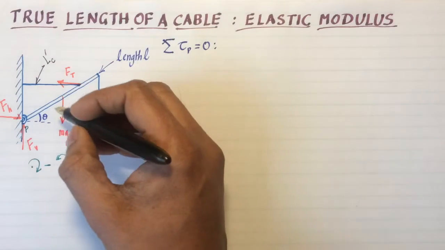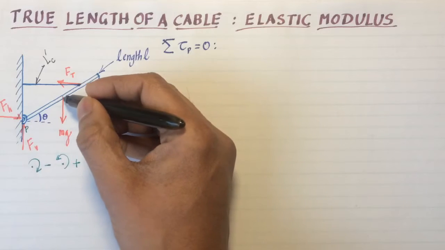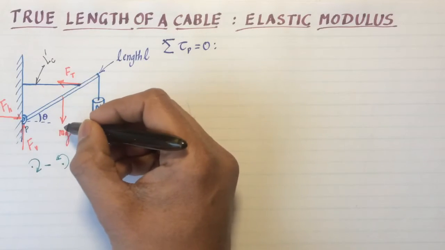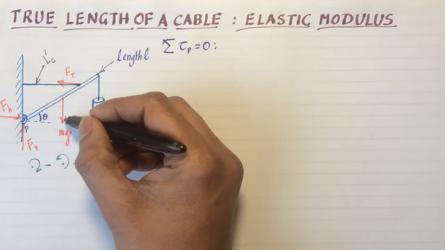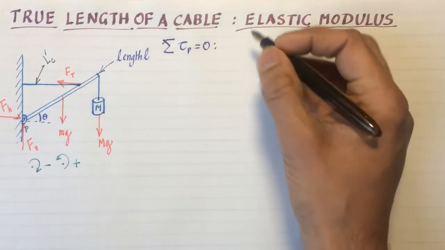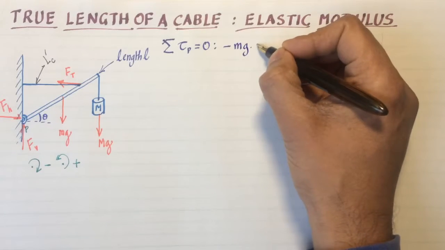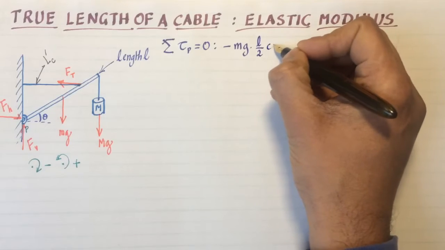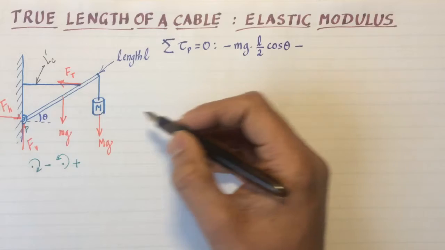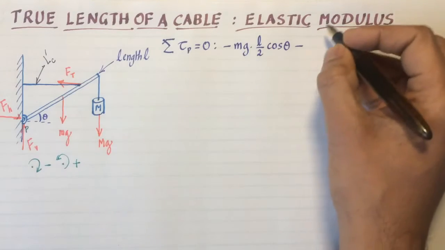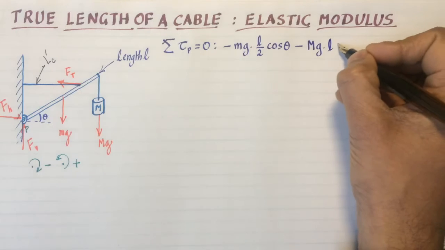Now remember, in the static equilibrium video, we saw another way to find torque, and that is the force times the perpendicular distance of that force from the axis of rotation. The perpendicular distance is this much, and that's L over 2 cosine theta. So that's negative little mg times L over 2 cosine theta, where L is the length of the flagpole. For the weight at the end, it's going to be capital Mg times the entire length, cosine theta.